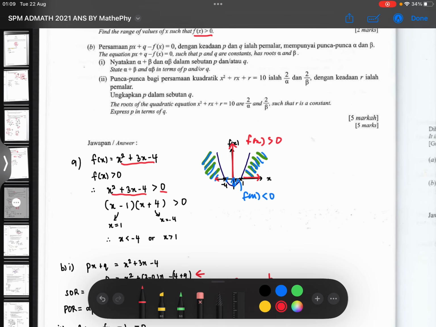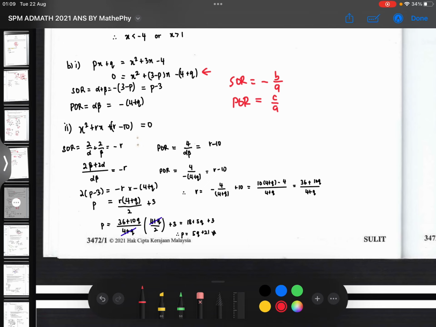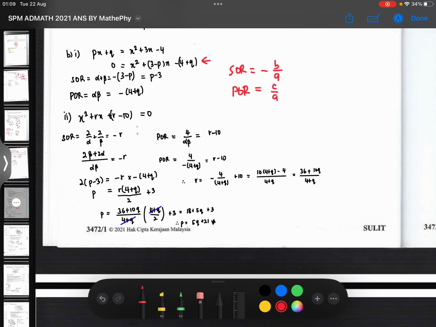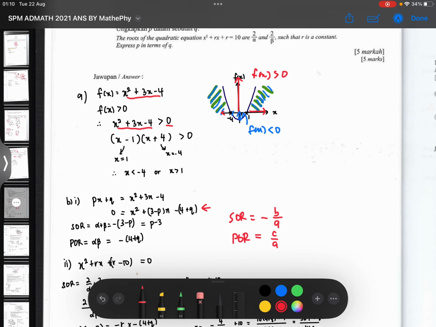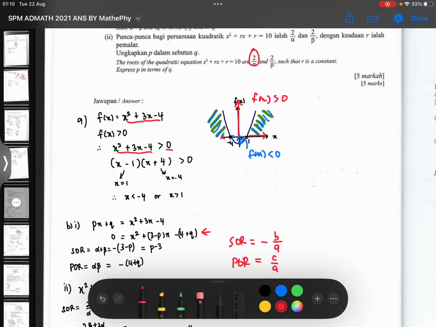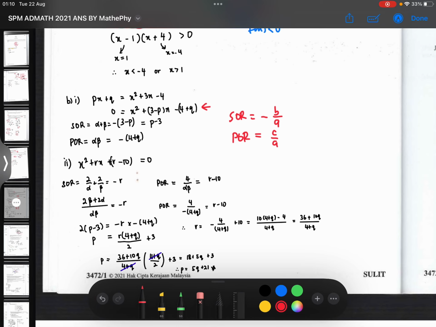B2, this is easy actually. Same logic, SOR is just the sum of the roots, because the roots given are 2 over alpha and 2 over beta. So 2/alpha plus 2/beta is minus r, because this is the -b over a, and a is 1. So minus r. Okay, and then the POR is this.